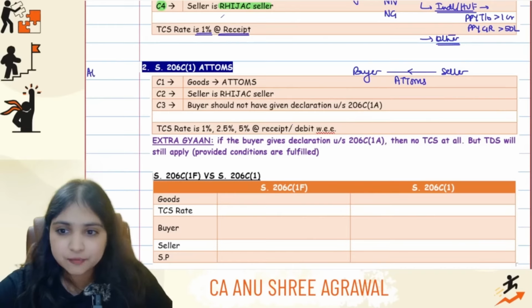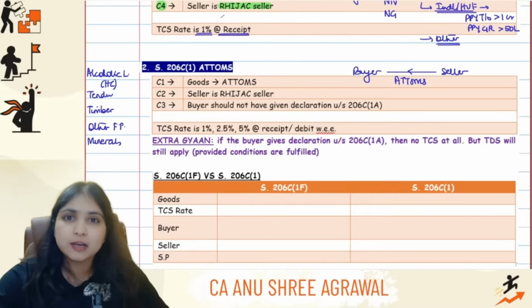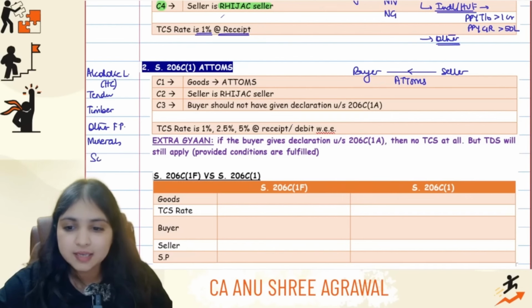A stands for alcoholic liquor for human consumption. Then T stands for tendu leaves. Another T stands for timber. O stands for other forest produce, M stands for minerals. Minerals like iron ore, coal, lignite and all, and S stands for scrap. Okay, so these are your atoms.